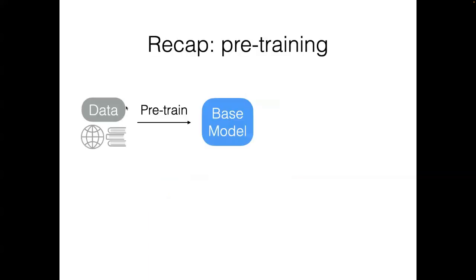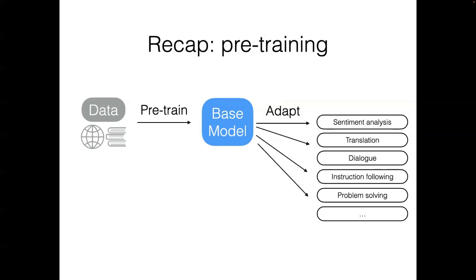So to recap, again, the idea of pre-training: we take a bunch of data and then we use the pre-training objective, maximum likelihood, and we get this base model. And then you can adapt the base model to a variety of tasks and in a variety of ways. So we've talked about prompting, we've talked about fine-tuning, instruction tuning, and we've talked about reinforcement learning.